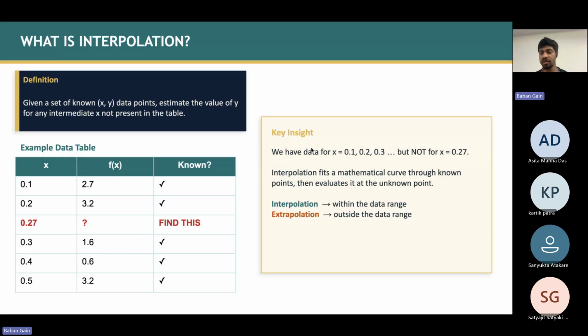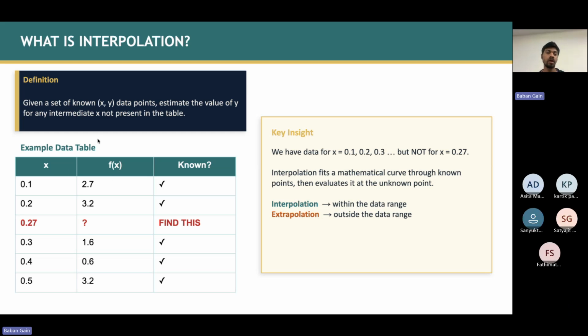So what exactly is interpolation? Basically, let's say you have some data. Let's say you have some x and you have some y is equal to f of x, and you have some mapping like 0 maps to 2.7, 2 maps to 3.2, 3 maps to 1.6 like that.